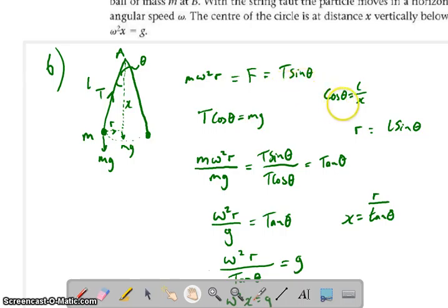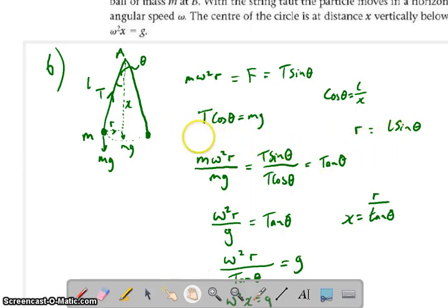We can define cos theta as L over x, the length of the string divided by the height at which the rotation is below that vertical point A, and r then is obviously just L sin theta.